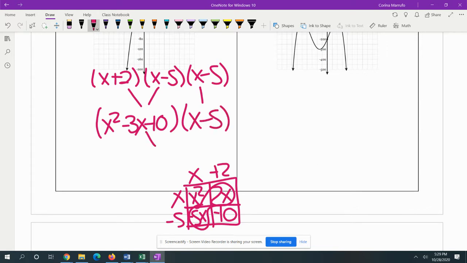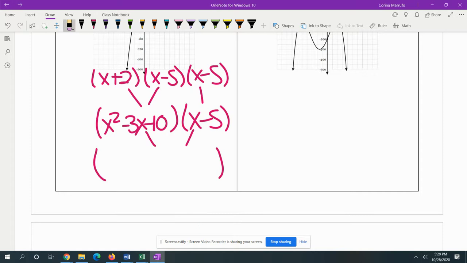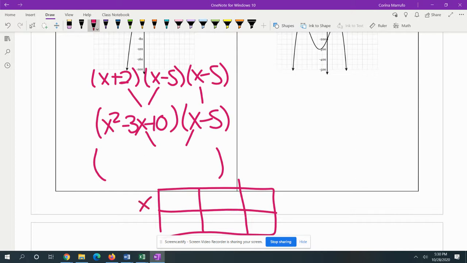So now we're going to have to multiply these two, and then we're going to have an even bigger polynomial. We'll go ahead and erase it all just so it doesn't get so messy. All right, so let me go ahead and make another box. This time it's going to be a 2 by 3 because we have x minus 5, and then here we have x squared minus 3x minus 10.